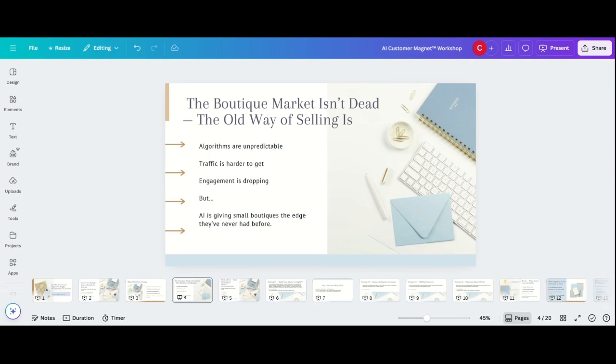And I've tested this, and it's very interesting, the different angles that you can take in your marketing and how it hits the person that you're talking to.